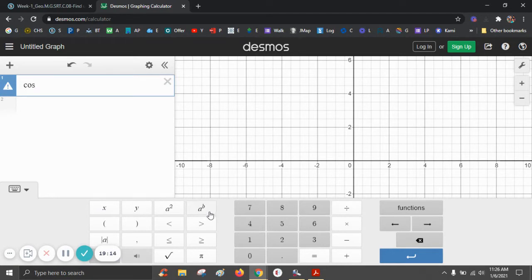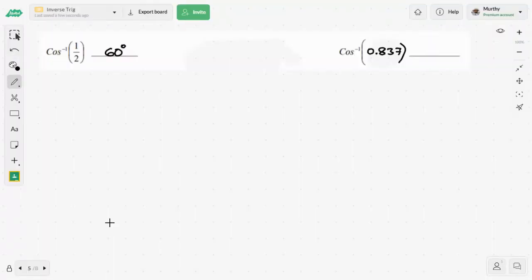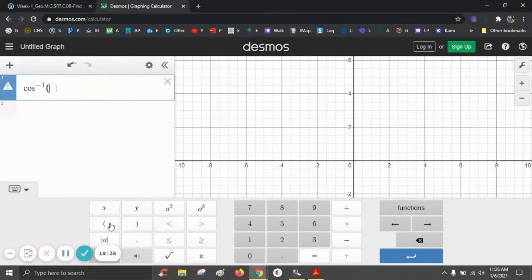Don't forget, you have to use a to the power of b key, then type -1. Again, I'm reminding you, don't forget to click on this right arrow so that you'll be coming out of the exponent, then open parenthesis, then what are the values? It is 0.837 and close the parenthesis.